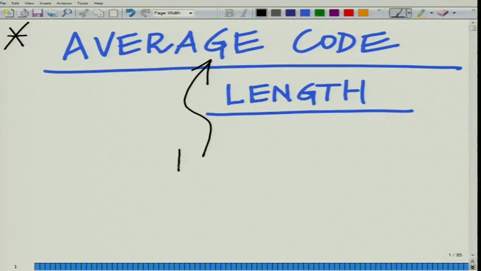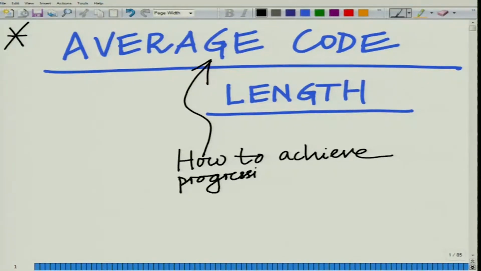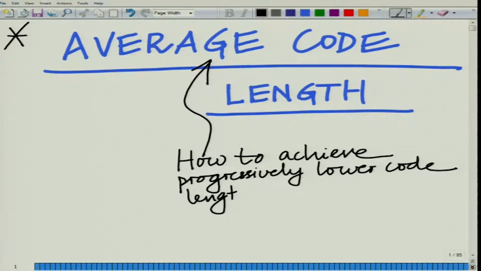That is what we want to know, how to achieve progressively lower code lengths. What we would like to do is design a mechanism whereby we can progressively keep lowering the code lengths, moving towards the lowest possible average code length, that is of course given by the entropy of the source.